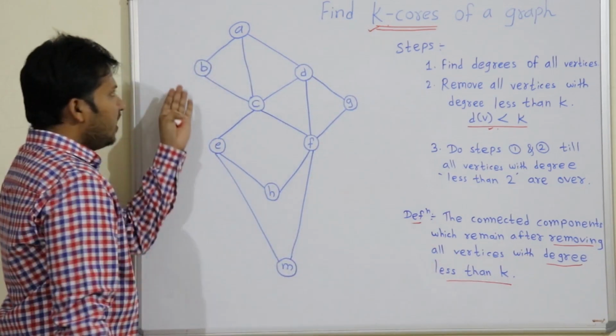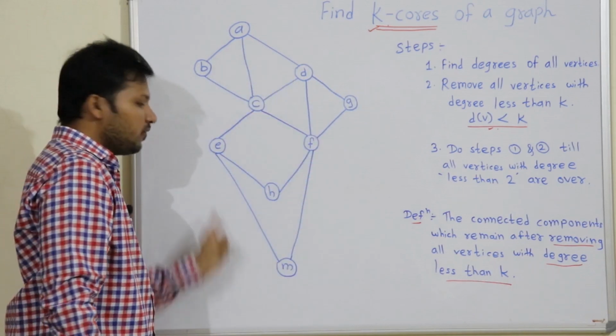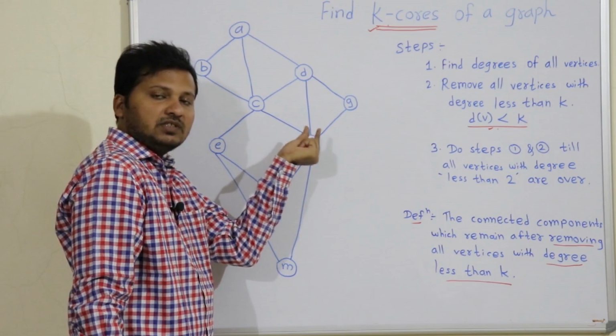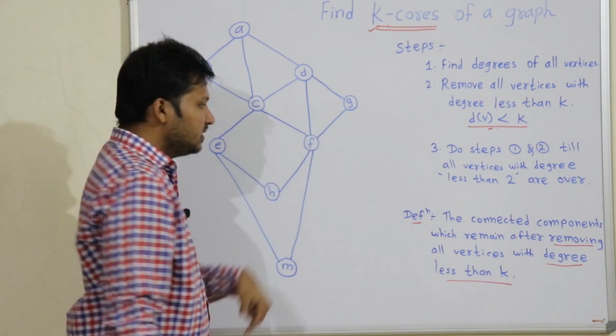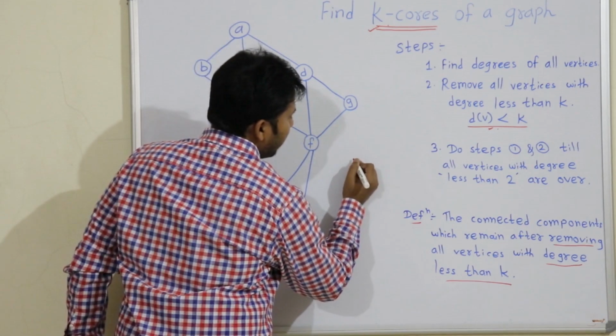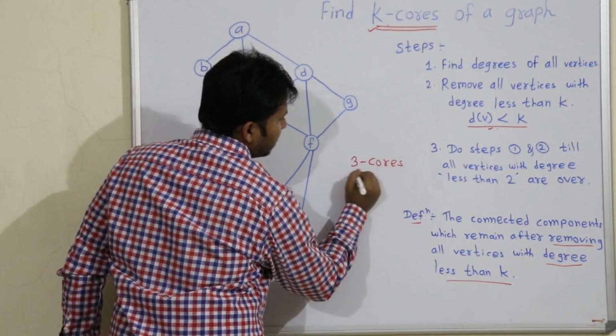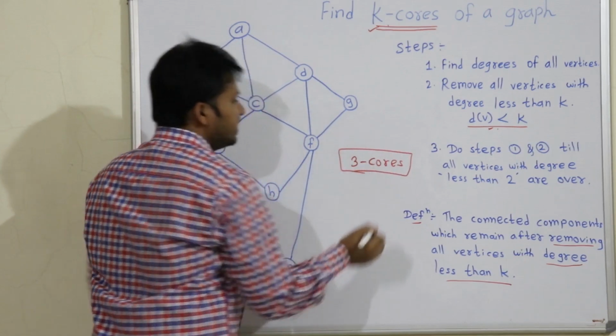Now see, you have to find degrees of all vertices and you have to remove the vertices with degree less than k. Means suppose we want to find 3 cores of a graph. So what does it mean?